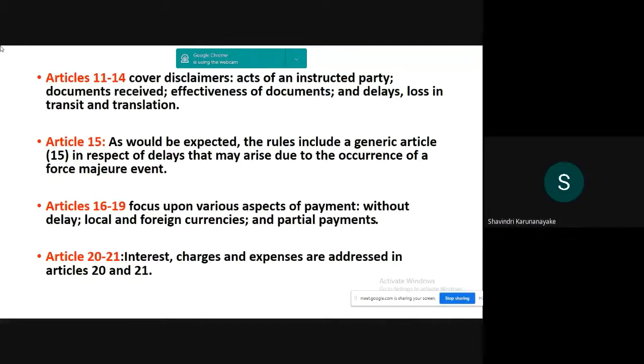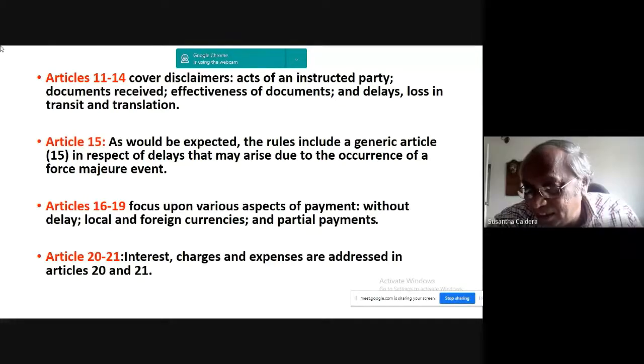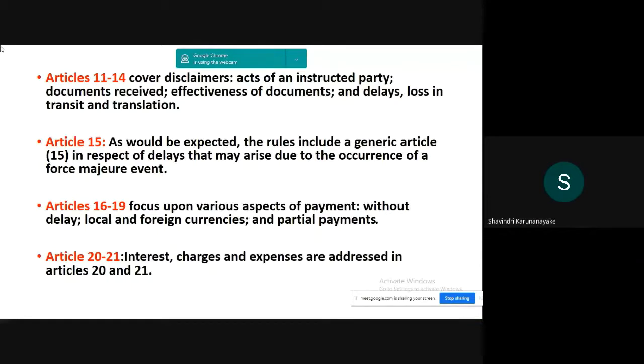We just say the bill remains unpaid by the drawee. Government regulations you are not mentioning. No, that's a very good practice.